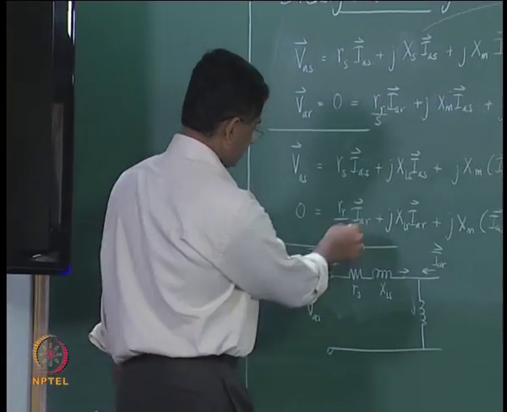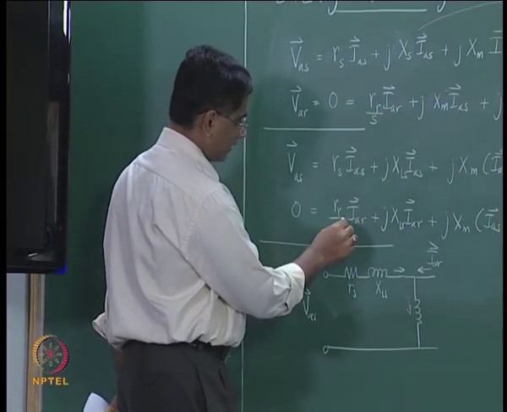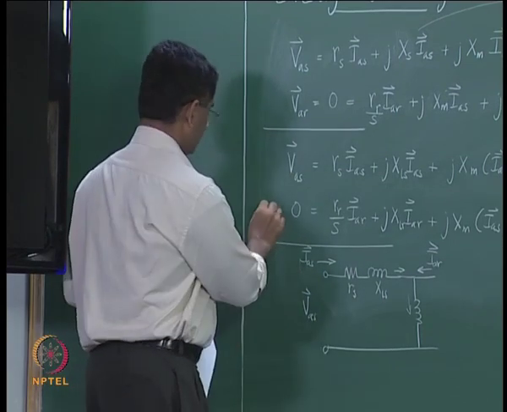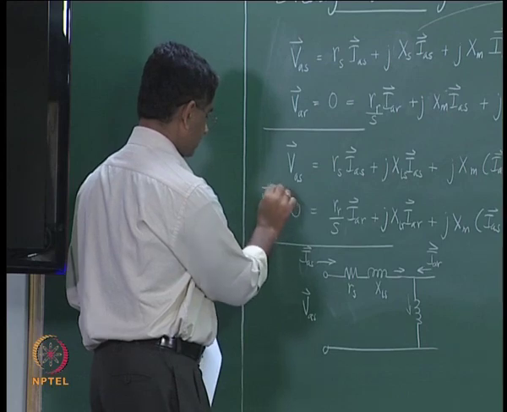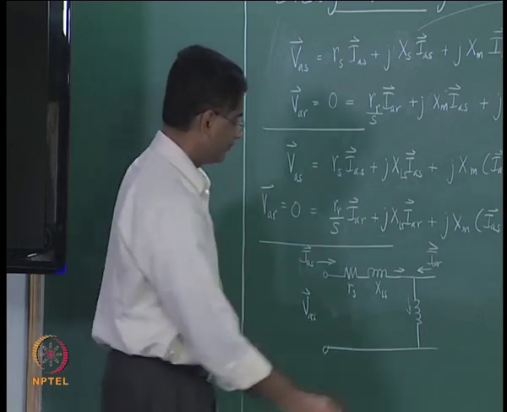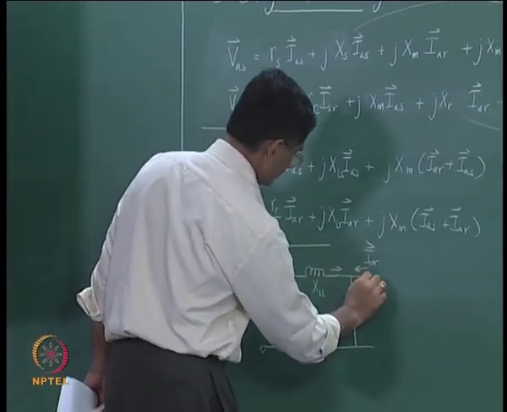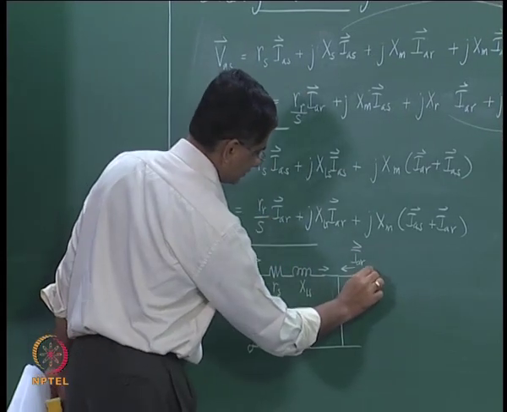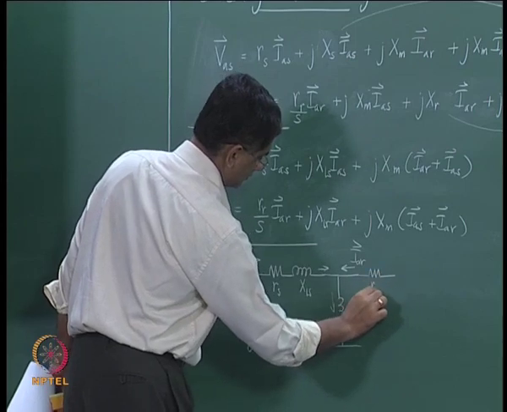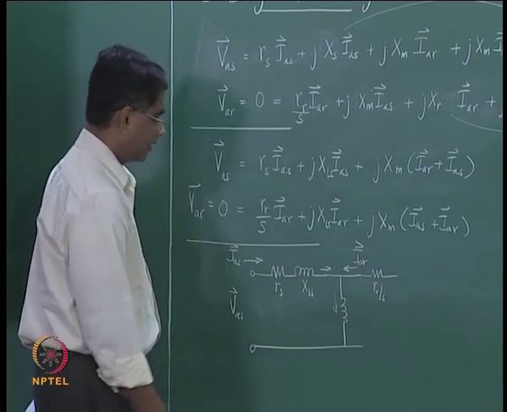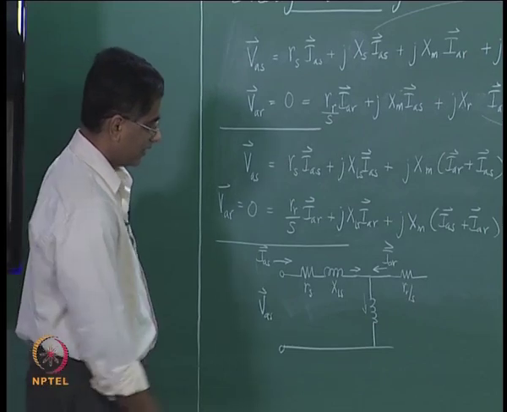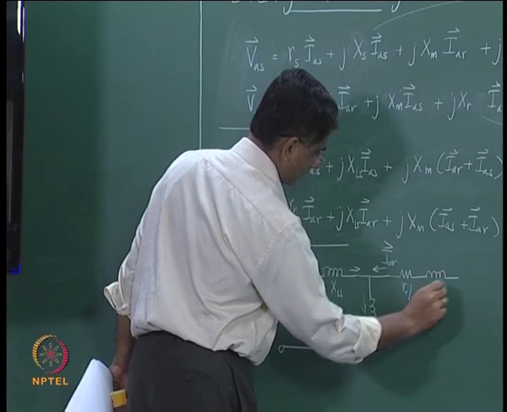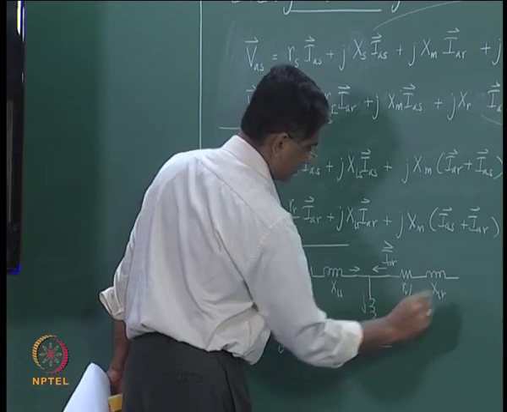Now, to focus on the second side, you have the rotor voltage VAR, which is 0 alright, but the rotor voltage is then consumed as RR by S multiplied by IAR, and then a leakage inductance XLR.